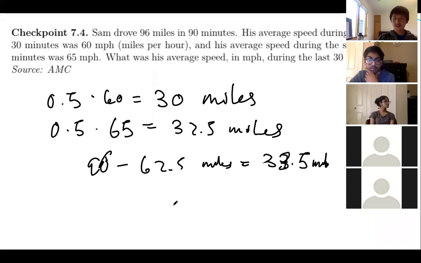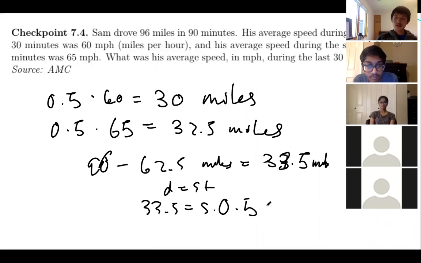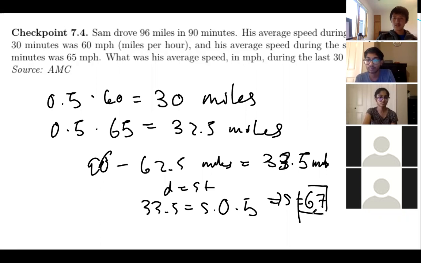So thinking back to distance equals speed times time, 33.5 equals speed times 0.5, and speed will be 67. So his average speed would have been 67 miles per hour.